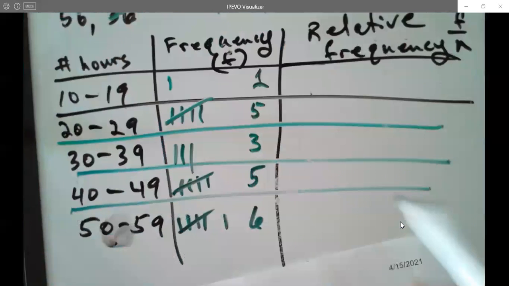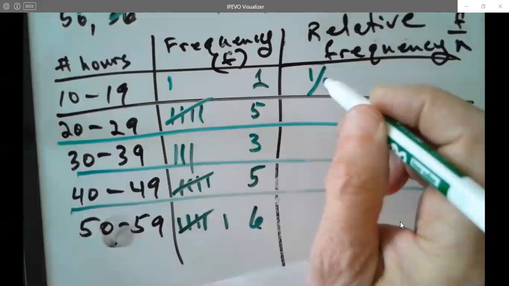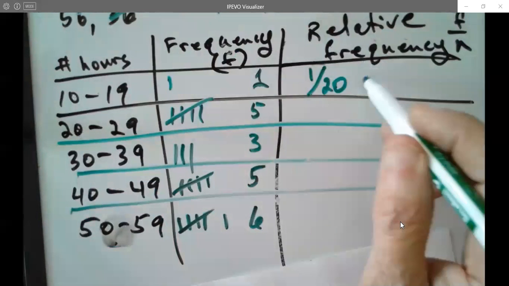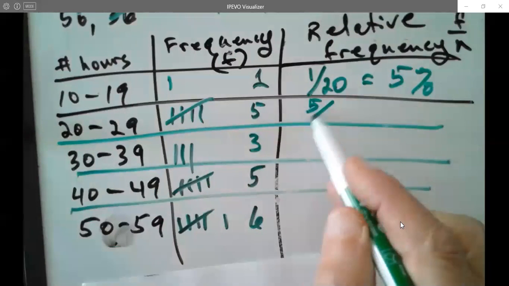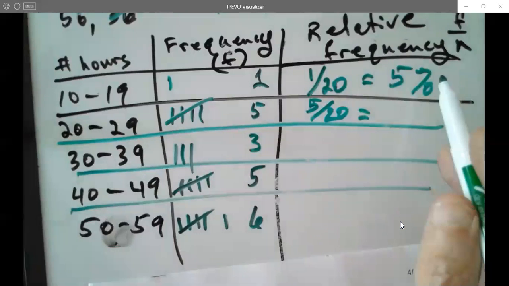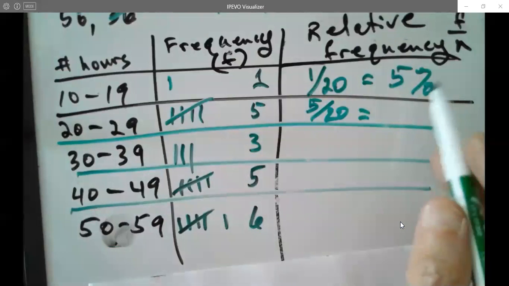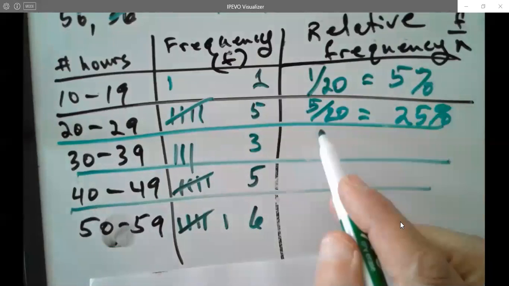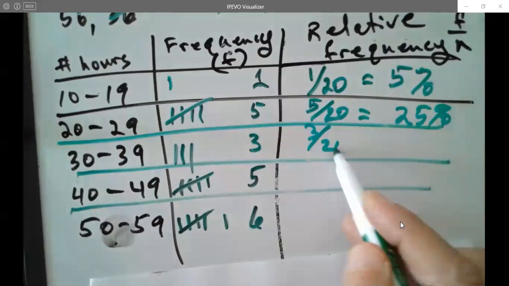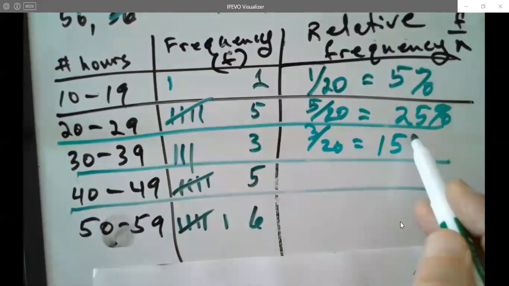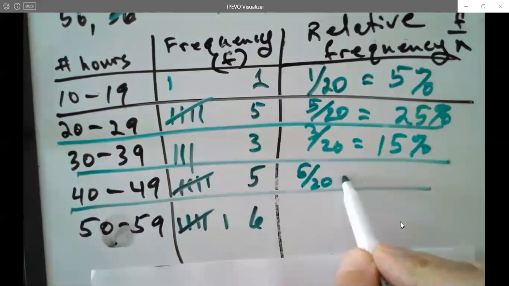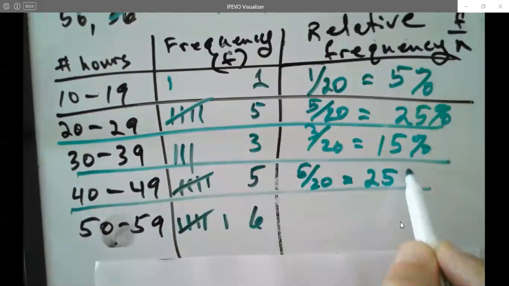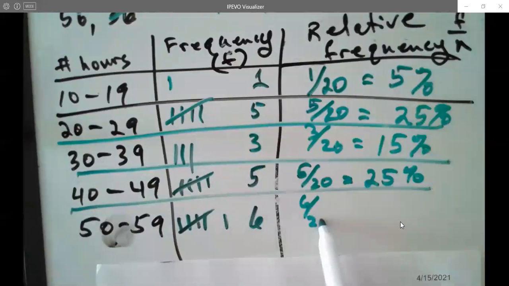Now we take 1 over 20, and that's 5%. 5 over 20 comes out to be 25%. 3 over 20 is 15%. 5 over 20 again is 25%. And 6 over 20 is 30%.